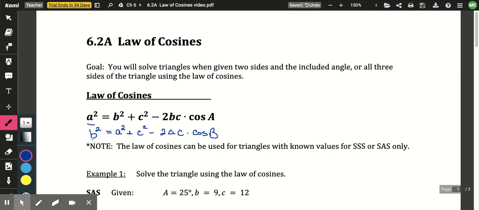So I could do that with c also, of course. We'd have to have angle C on the far right, and then the values here would have to be A and B.